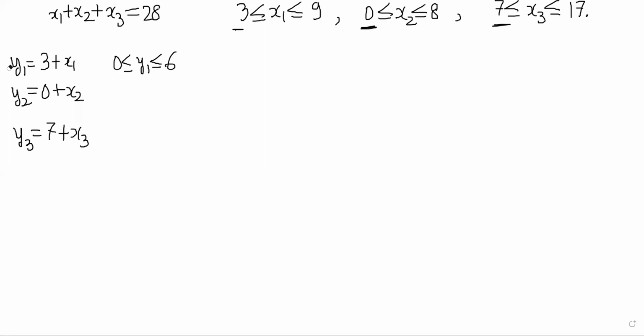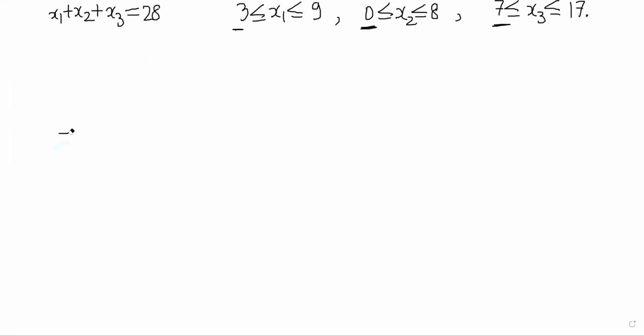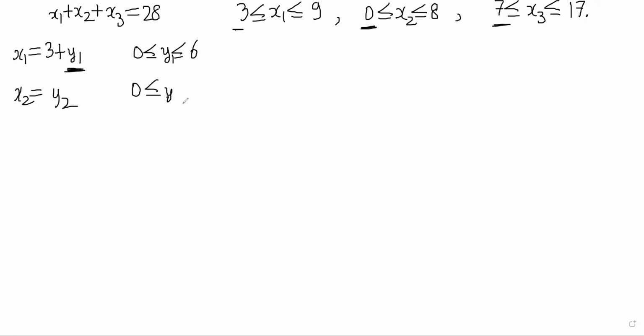Y1 is not 3 plus x1. X1 is what we are replacing: x1 is equal to 3 plus y1, so that y1 starts from 0. Here y1 will go from 0 to 6. And x2 will be simply y2, and y2 will go from 0 to 8. And x3 would be 7 plus y3, and y3 will go from 0 to 10.